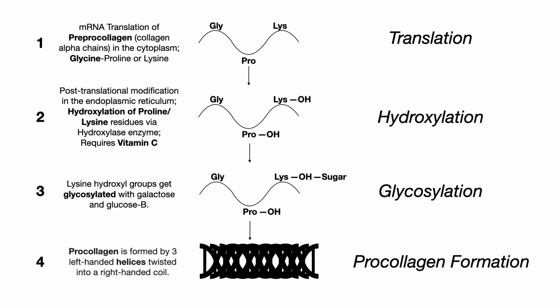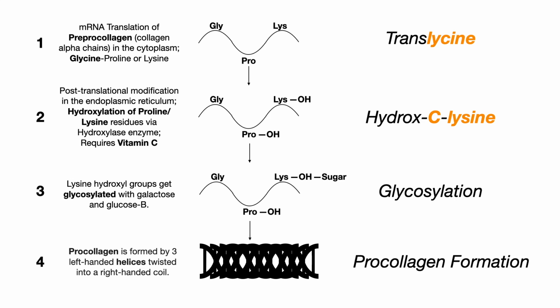And so here's my mnemonic to help you memorize the important bits of information. Instead of saying translation, I want you to say translysine, which helps you remember glycine residues for translation in step 1. And in step 2, instead of saying hydroxylation, say hydroxylysine.